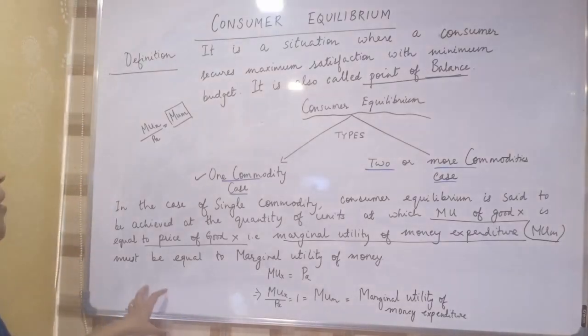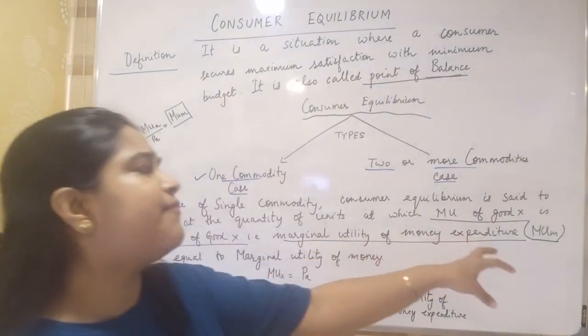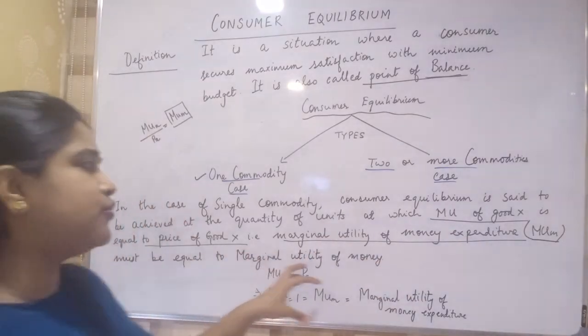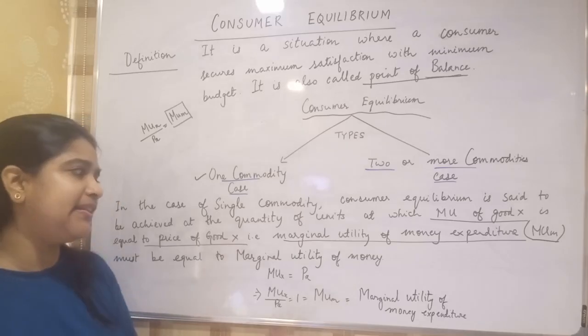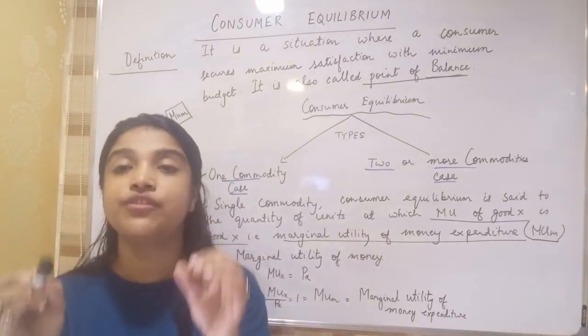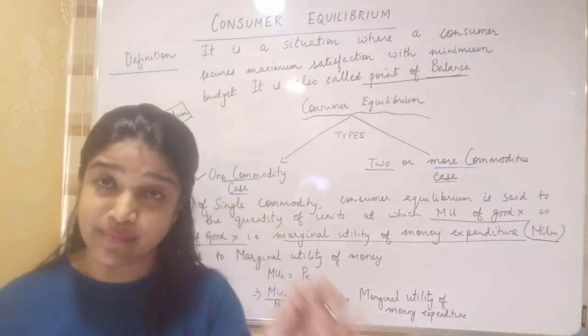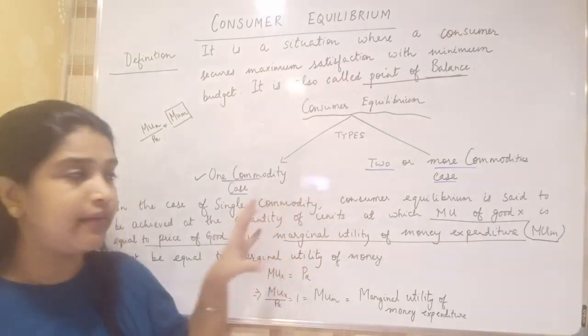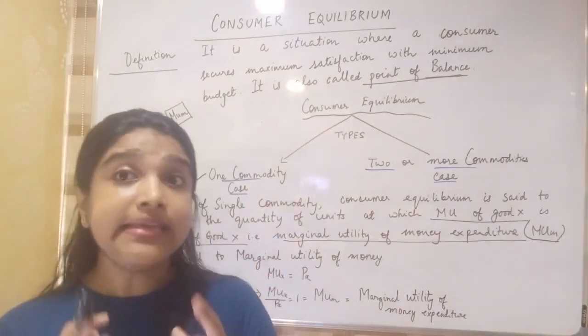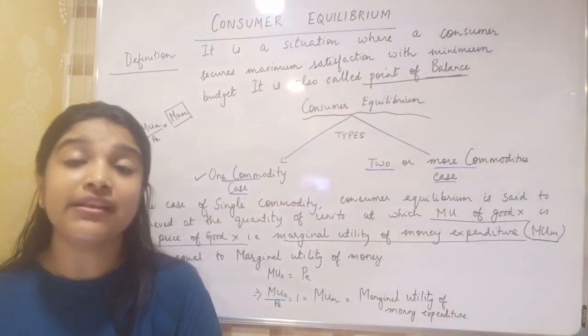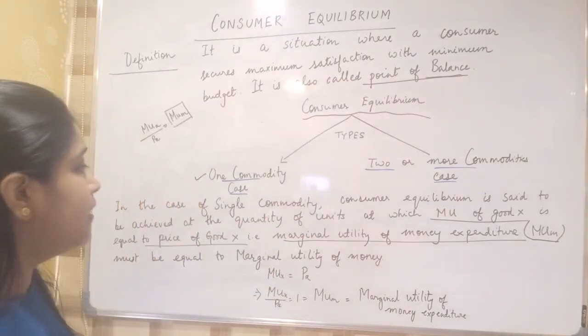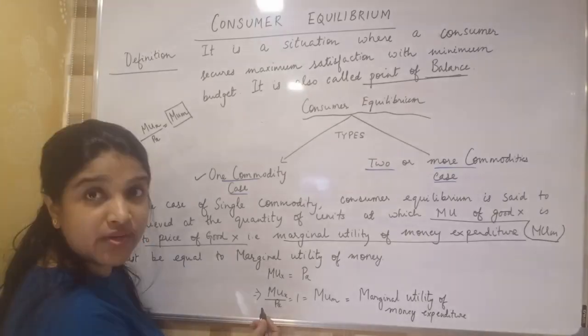This must be equal to the marginal utility of money. That is, we have to arrive at a situation when the marginal utility of that commodity, let's say X, is equivalent to the price of good X. And so we can derive an equation here.